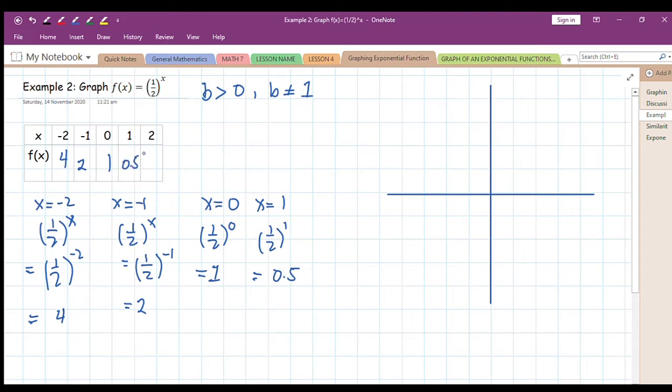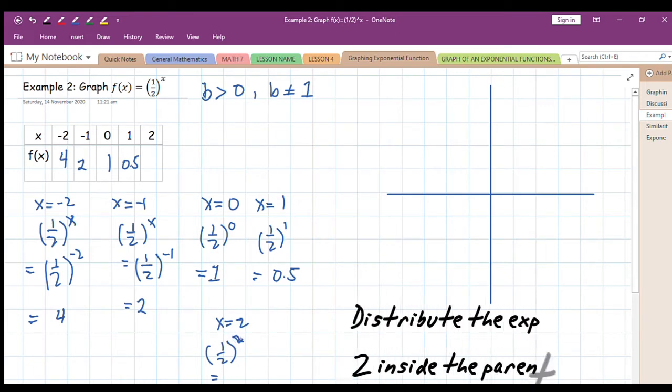It is better to convert the fraction, our final answer, into decimal form so that it is easier to graph. So last, we have if x is equal to positive 2, so we have 1/2 raised to 2, that will be equal to 0.25, or 1/4, because we are just going to substitute these.